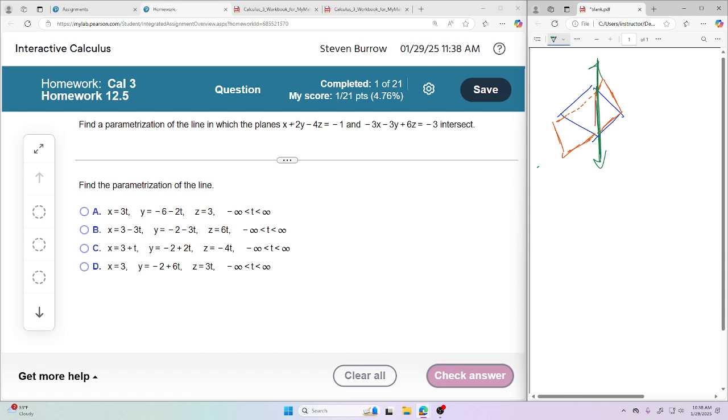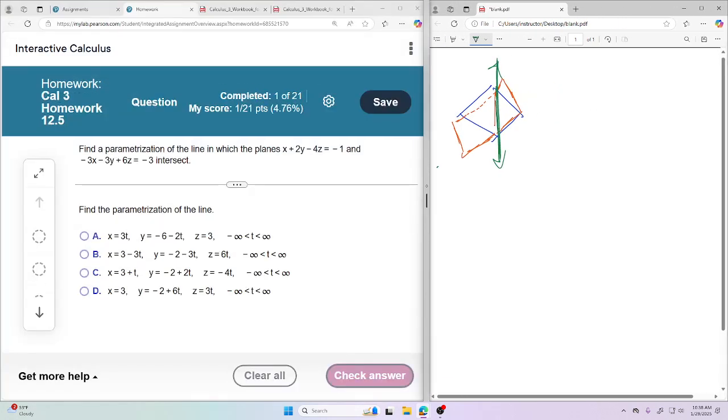I'm going to go with the easy route. I got x by himself, and he's really nice and pretty. Let's move everything else over, and that way we can get x equals something or other. So I got x is equal to -1 minus 2y plus 4z. I just chose the easiest one up there. Now I could take this and plug it in right here.